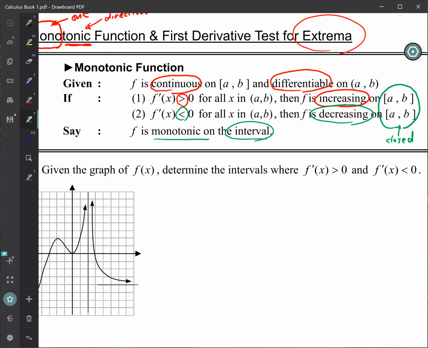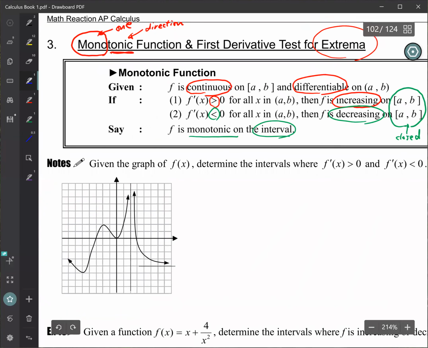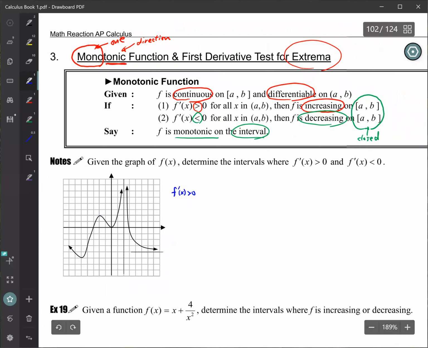Over here, we are just practicing writing out the intervals, from left to right. I'll go over the increasing one together. Positive slope means increasing.